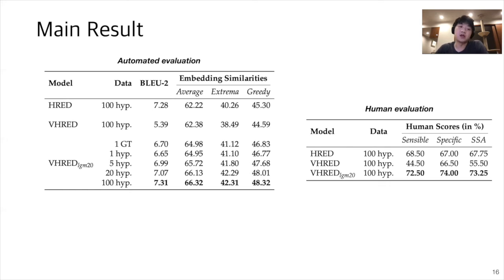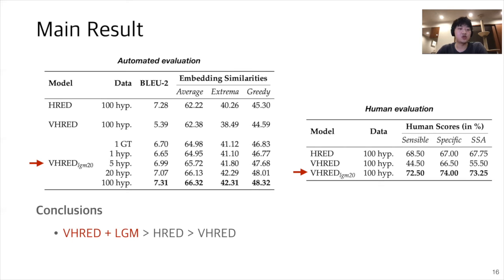These slides show the results for both automated evaluation and human evaluation. We can see that the new model, the VHRED with linear Gaussian model prior, performs much better than the two baselines, HRED and VHRED, in BLEU scores, embedding-based similarities, and human scores.